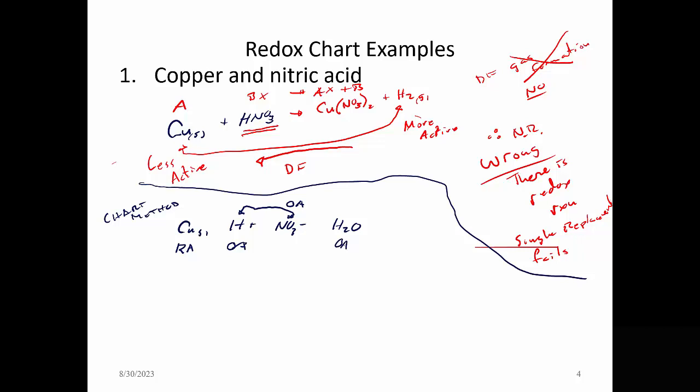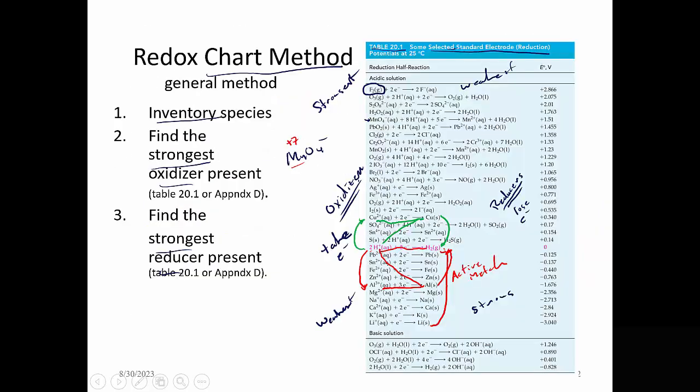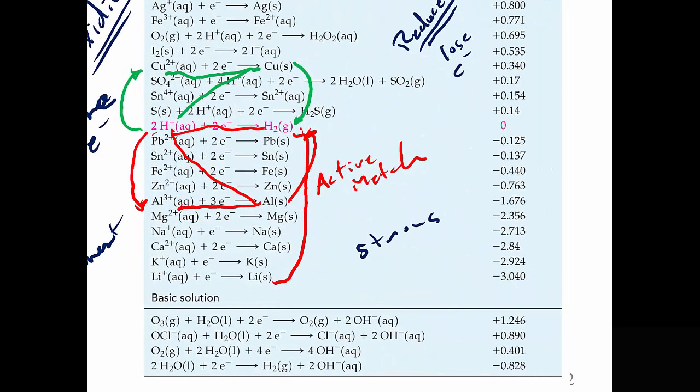There are two charts there. You have to position water based on the number on the right. So what is the number on the right side? Do you see it? The number is negative 0.828. And so water is positioned, now look at the numbers on the right. Where would you position water relative to the upper chart?